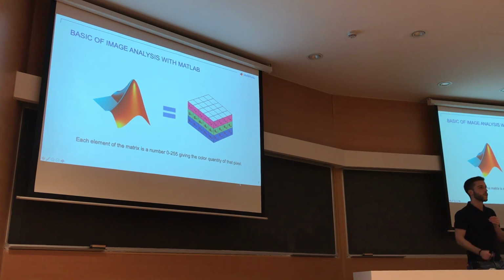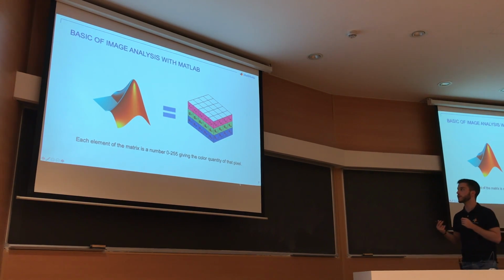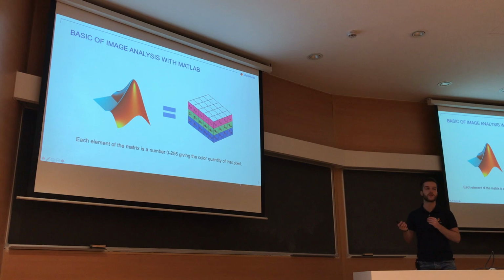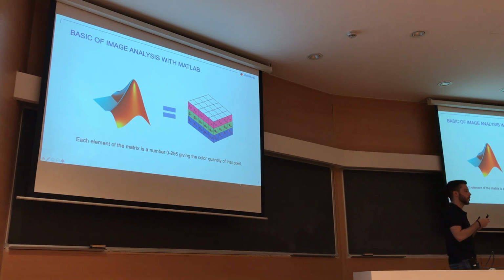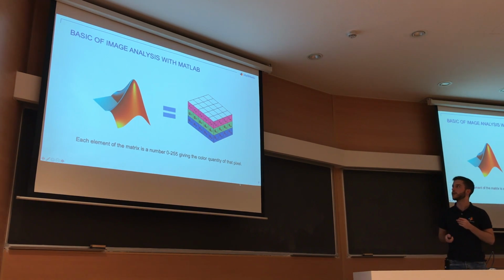That is the quantity of that color that is present in that specific pixel. RGB are the three primary color components, of course, and the composition of these three different colors gives the final color.